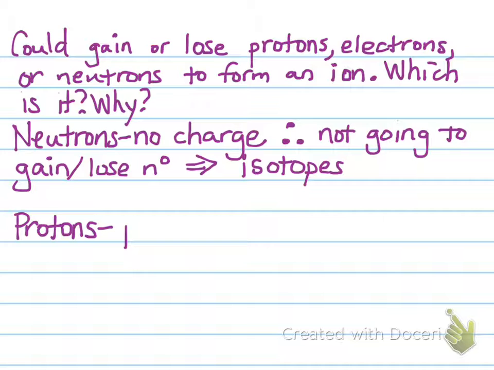All right, let's talk about protons. Protons have a positive charge. So we could gain protons and get a positive charge. We could lose protons and get a negative charge, right? However, I need you to remember what makes helium helium. What makes carbon carbon?